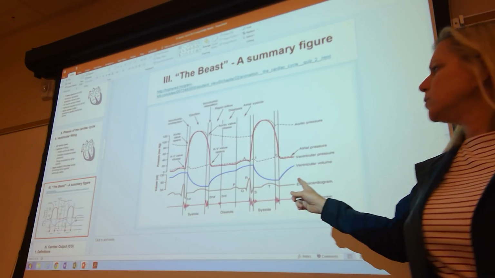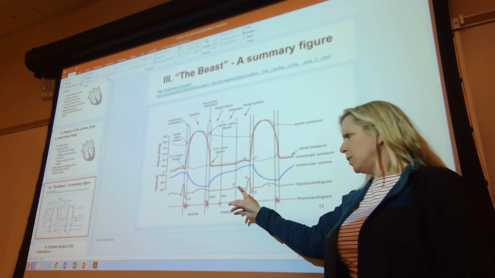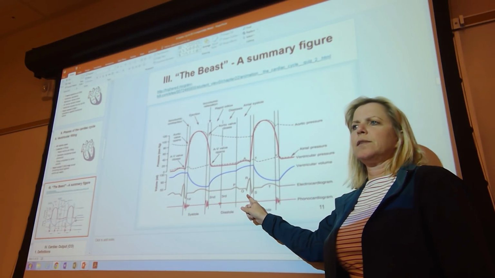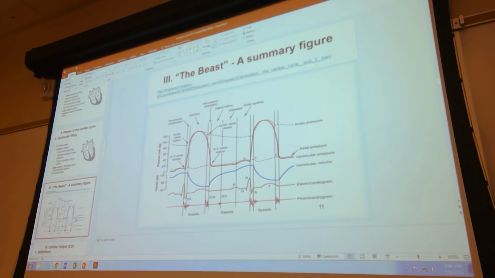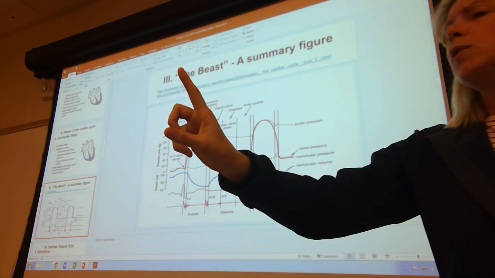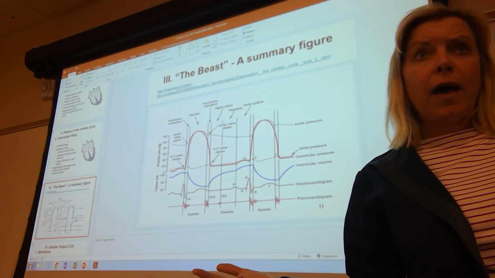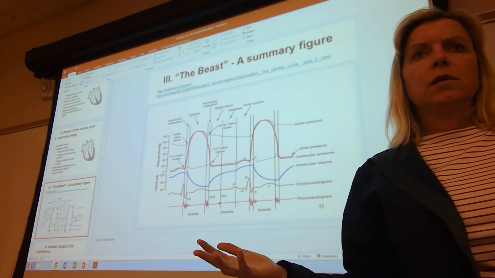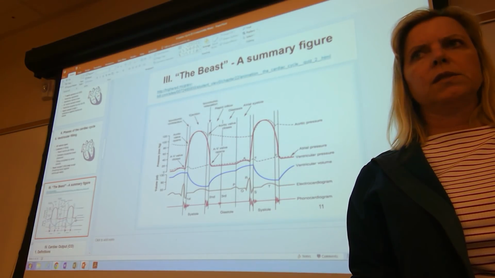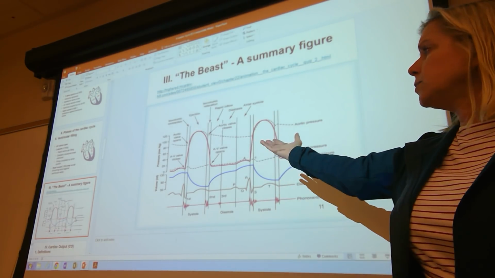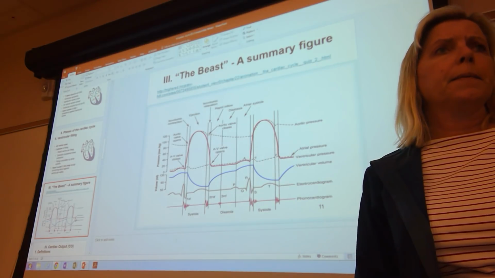So I would review your beast, and I would also review the electrical events and what mechanical events they would lead to. Not just for blood flow, but also opening and closing valves. Remember, those open and close because of pressure differences. That was also shown here in this slide.